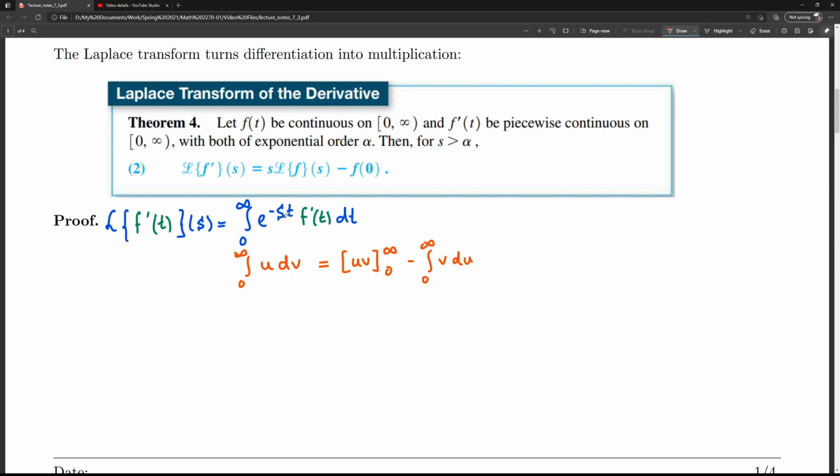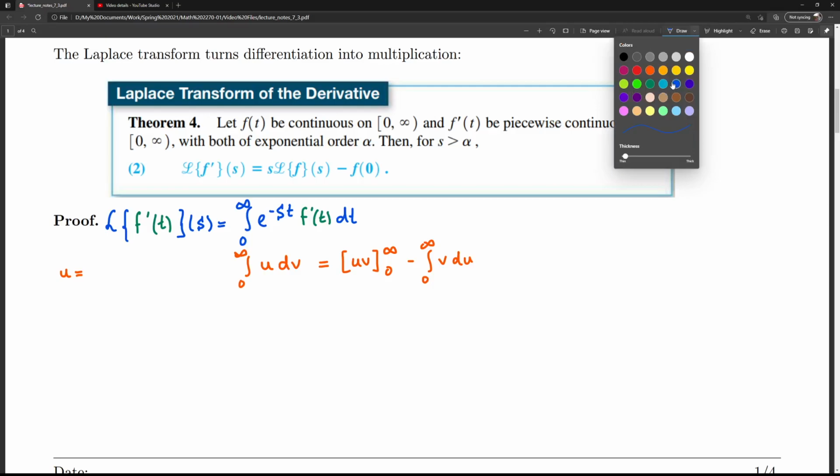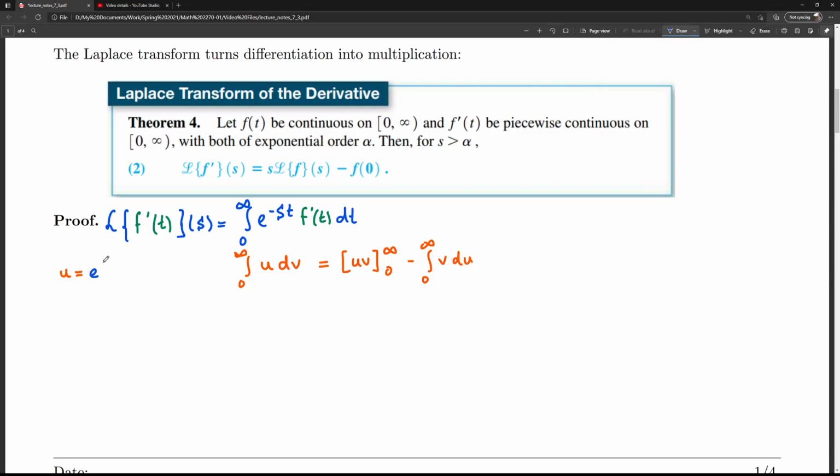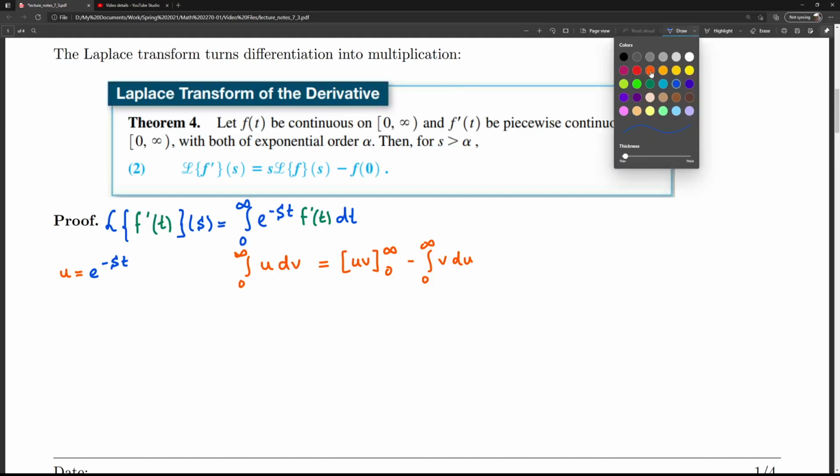So what I'm going to pick here is that on the right, I'm going to pick u equals e to the power negative st. And so what I will need later on is du. So let's see what that is.